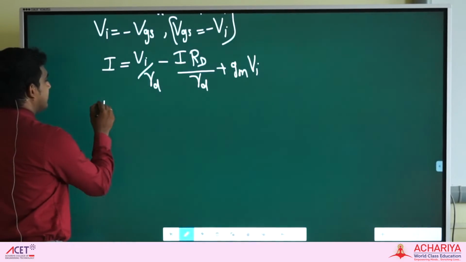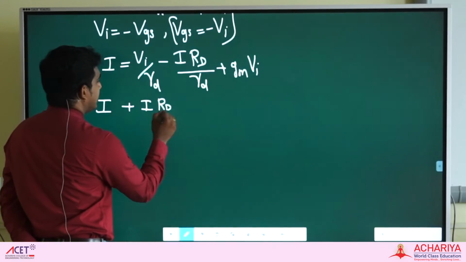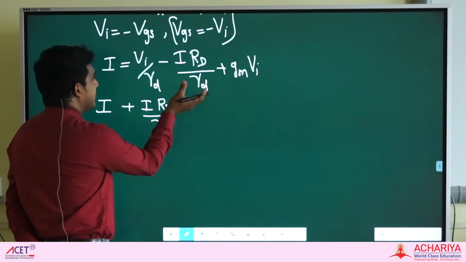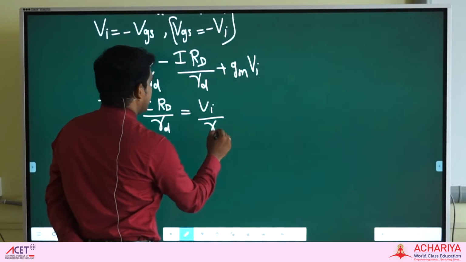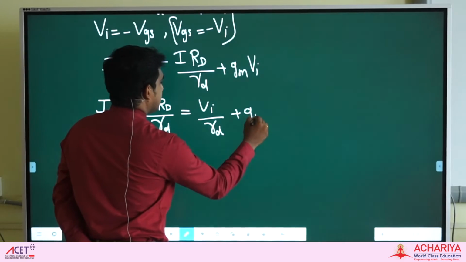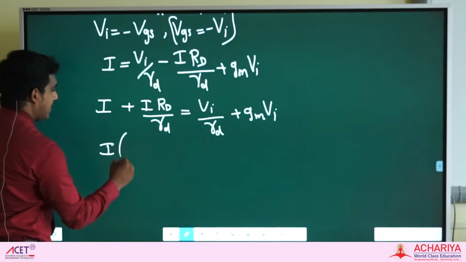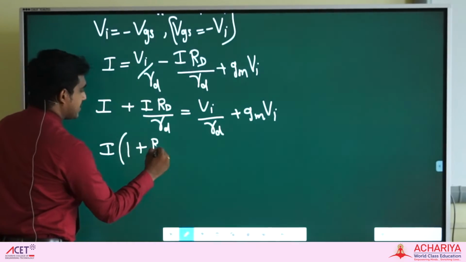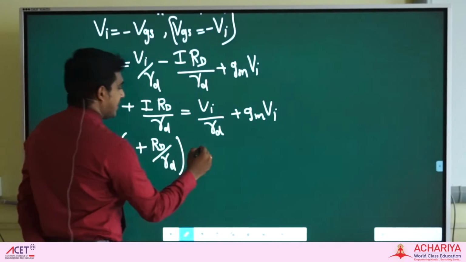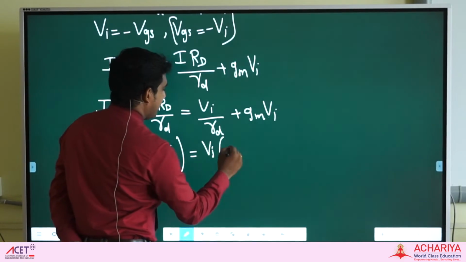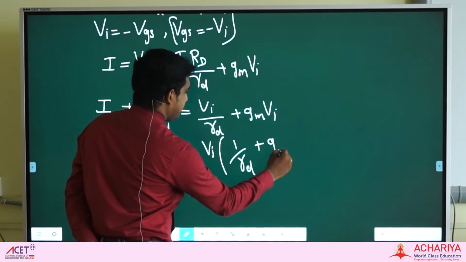Now the above equation we can write: I plus I RD divided by rd, bringing the I term to the left-hand side, and VI, the remaining term, divided by rd plus GM VI. In this equation we can take I as common, I into 1 plus capital RD divided by small rd, and VI is common, VI into 1 by rd plus GM.